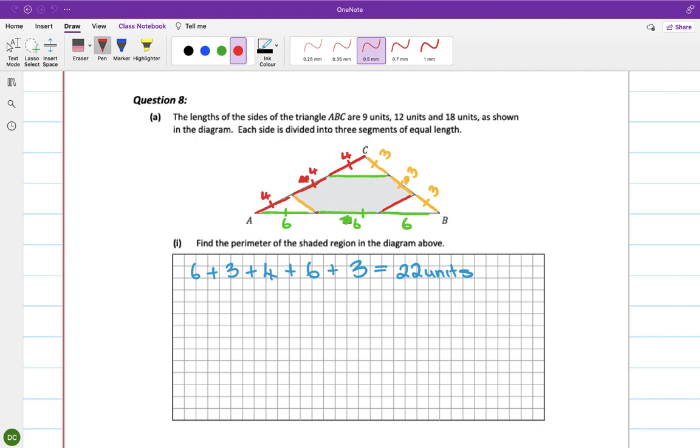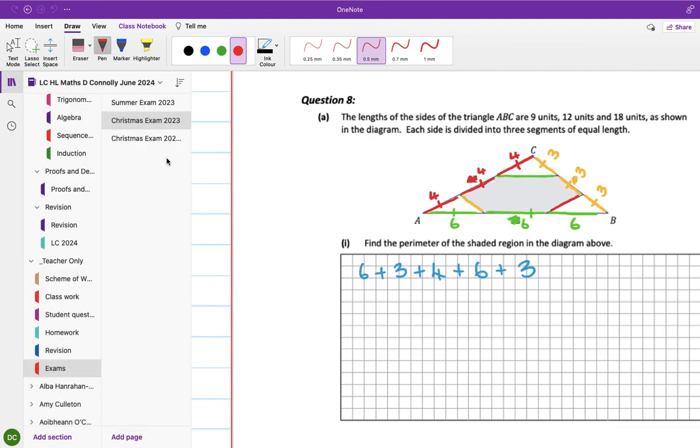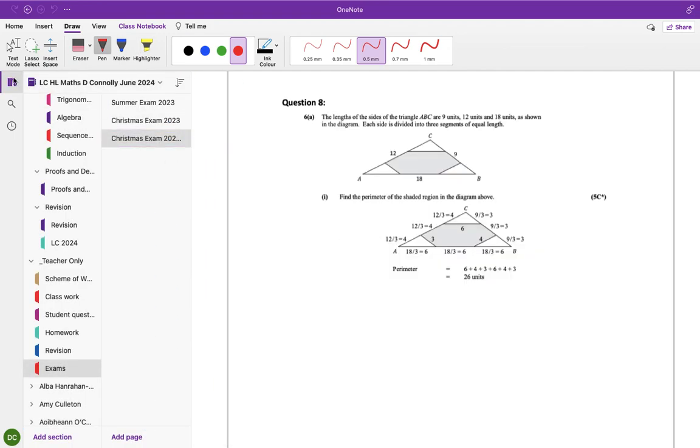This is 6. This is 3. Oh, I didn't add that one in. Sorry, I forgot the last 4. So you do not need a proof, but you do need to add it correctly. So that is 10 and 10 is 20, 26. It's 26, right? Yes.